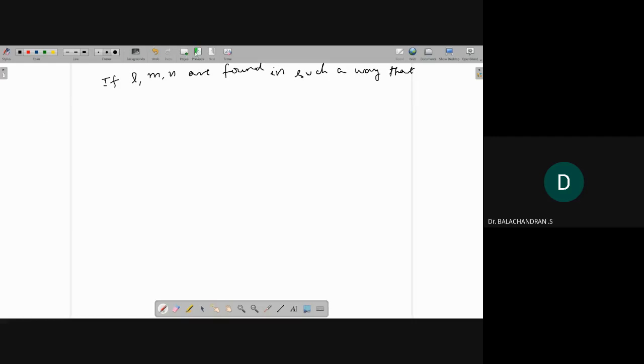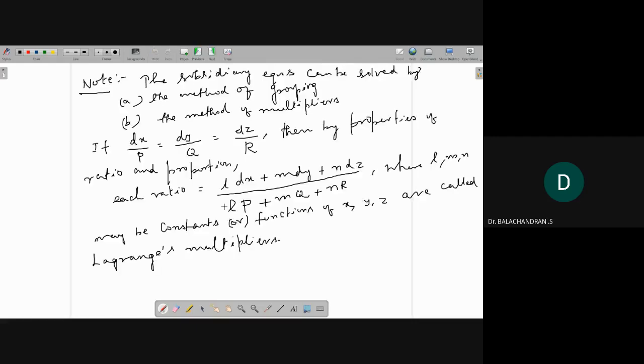the denominator should be equal to 0, that is l P plus m Q plus n R equal to 0. If the denominator is 0, then dx by P equal to dy by Q equal to dz by R equal to l dx plus m dy plus n dz divided by 0. From this, you can say that the numerator l dx plus m dy plus n dz equal to 0.